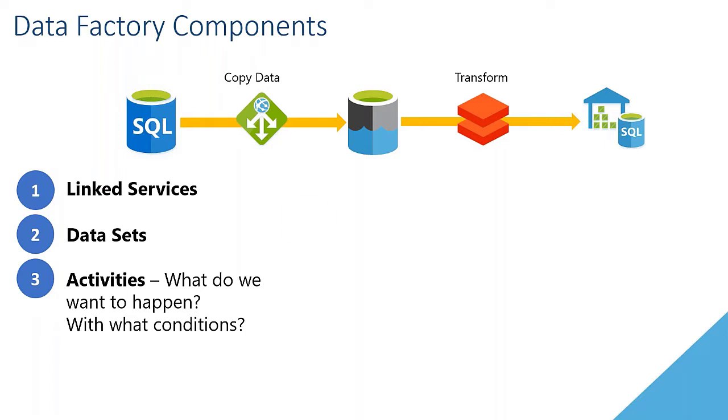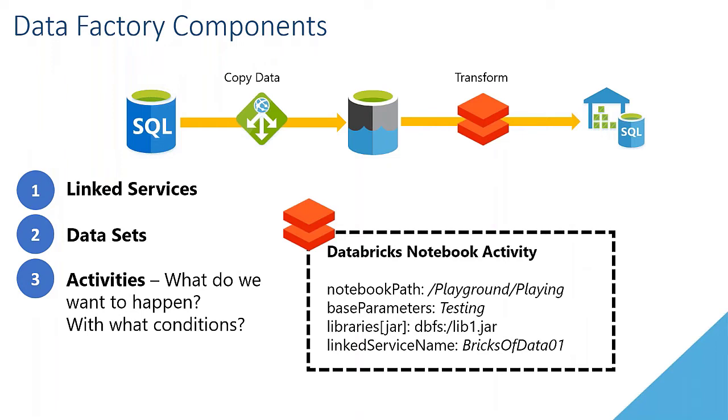So if we take the example of a Databricks notebook, if that's what we're going to get our data factory to go and call, that activity contains information about the workspace we're going to hit, the name of the notebook, any libraries that we want, parameters that we might pass to the notebook, and that will all be wrapped up within that activity information. And like with number two, our activities will authenticate with our linked services number one.